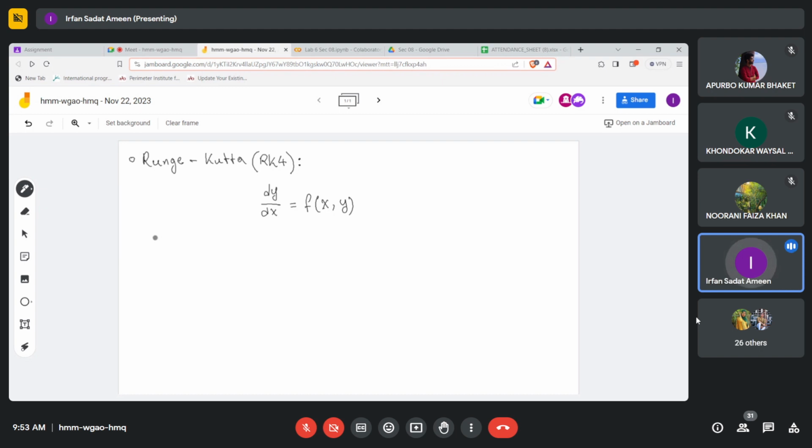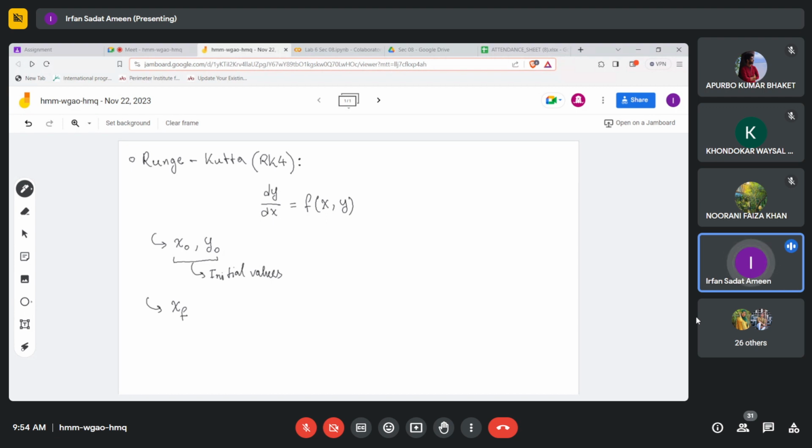You will need your initial values, or boundary values. Right? You will also need the final value of x, because obviously we will have a loop inside this and the loop needs an end.